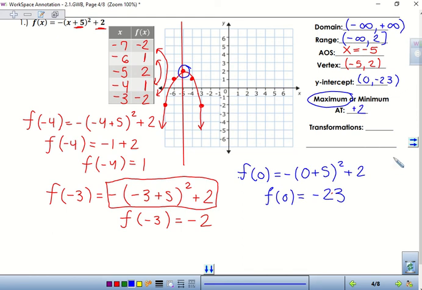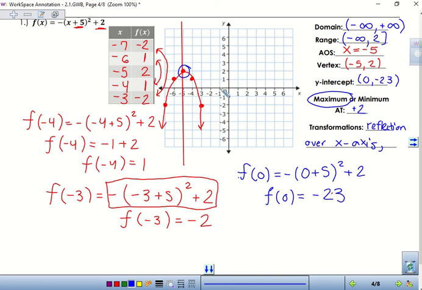So, if your graph is a frowny face, that means you automatically have a reflection over the x-axis. Okay, if it's a frowny face, that's the first thing you should write down. Okay, everybody can get that easy point on the test. Now we also want to look and see where it's been shifted from the origin.